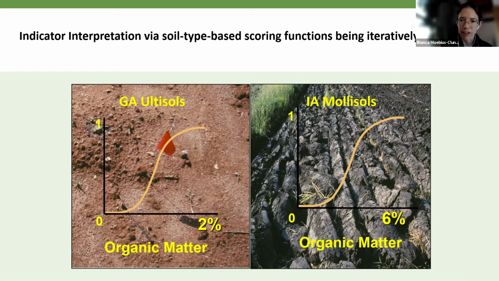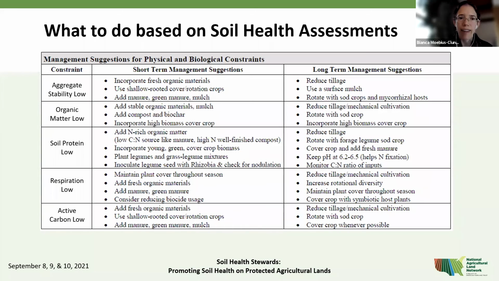And so the interpretations need to be adjusted for the soil type and the climate, so that we get something reasonable where we can say, yeah, you're low for where you are. For this soil type, if you have an aggregate stability of 50%, that's really good, or that's really low. You have potential to make it better or not, right? So those interpretations are starting to be available, and they can then be used to inform management.